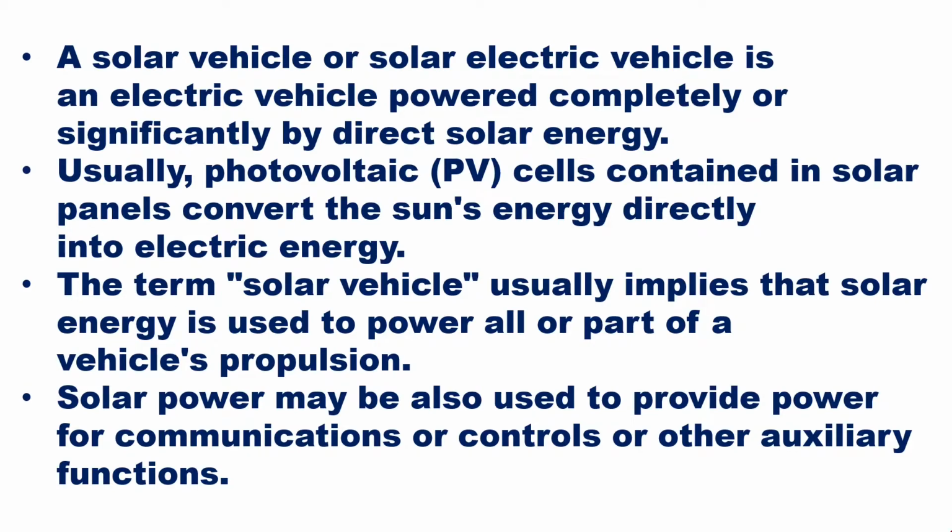A solar vehicle or solar electric vehicle is an electric vehicle which is powered completely or significantly by direct solar energy. So we are going to use direct sun energy and convert it into electrical energy.